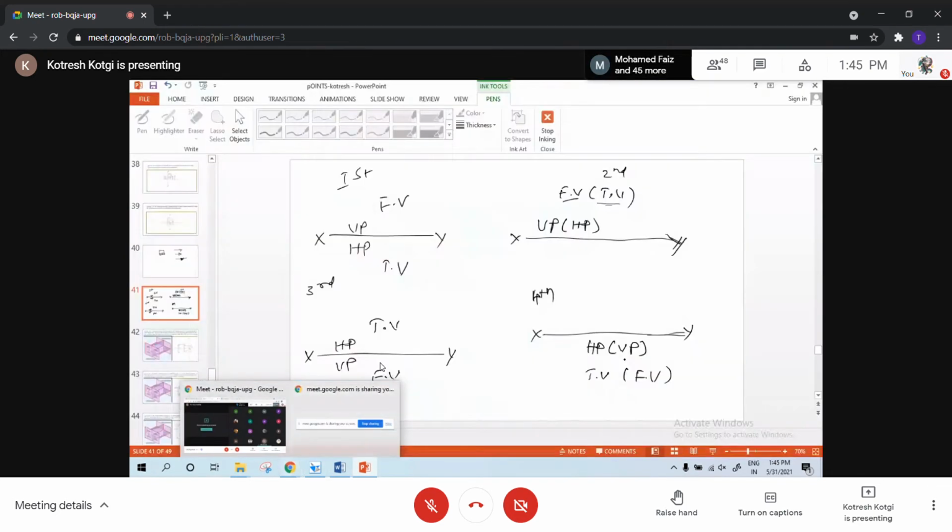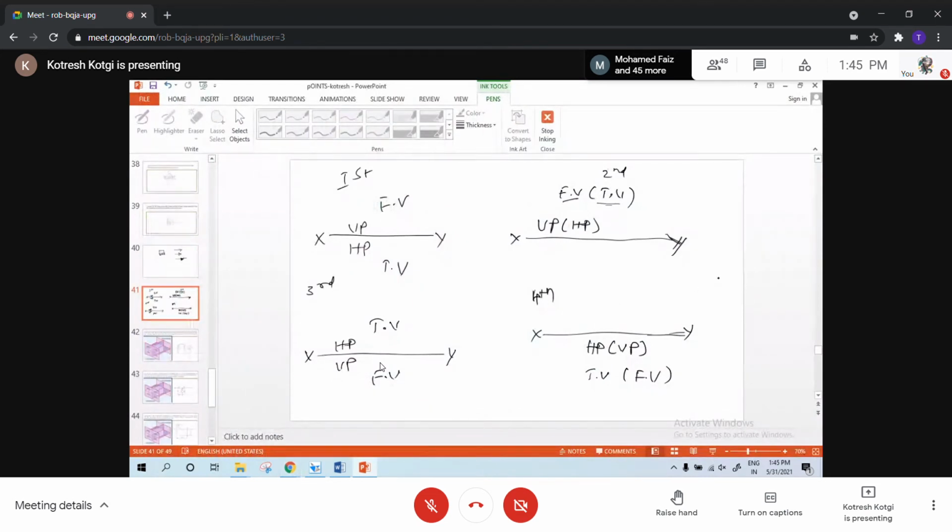Third and fourth. If I say on HP in front of VP, first and fourth. If I say on HP behind VP, second and third.